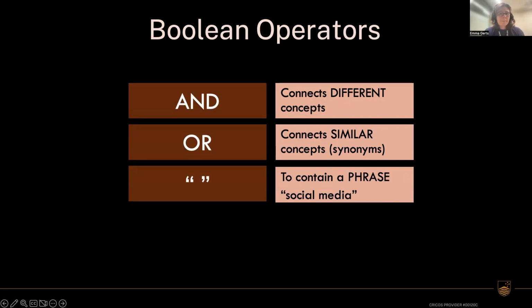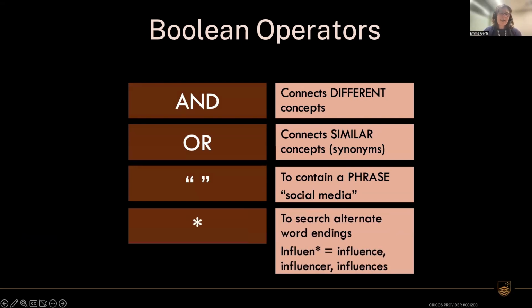It will think it's two separate words because databases are stupid. So it will just find any article that has the word social in it and any article that has the word media in it, and it will think, right, that's what you wanted. So to tell it that we actually want social media as a single phrase, we use those quotation marks, and we use that anytime you have a concept that includes more than one word.